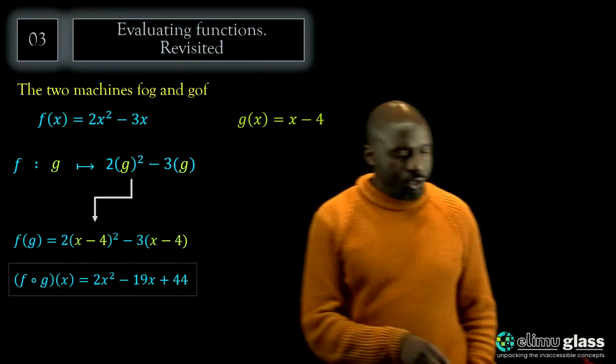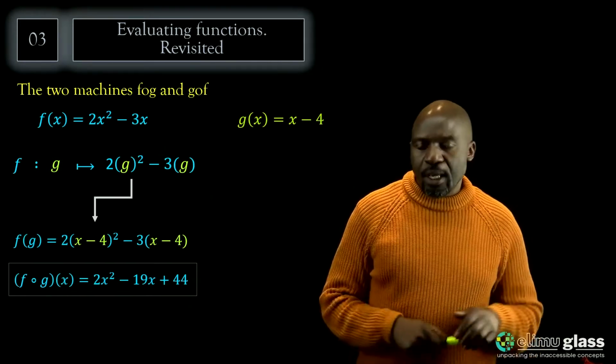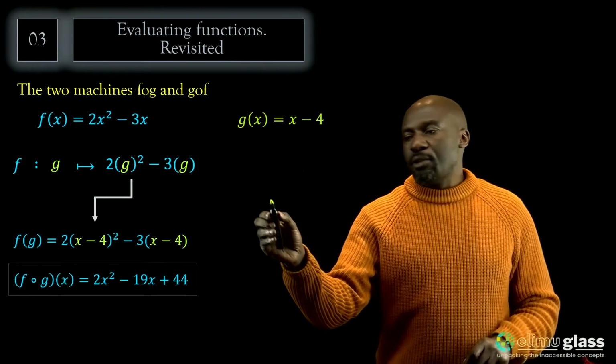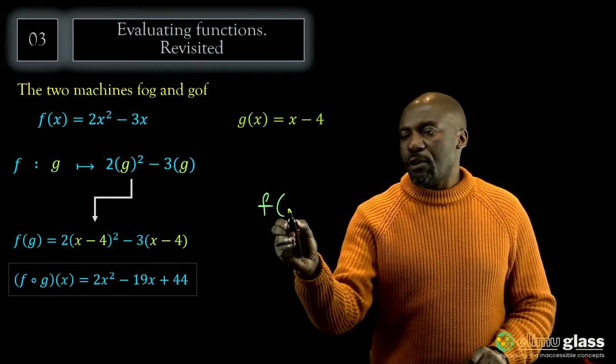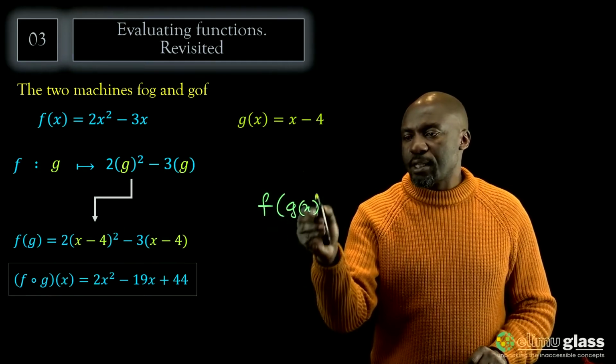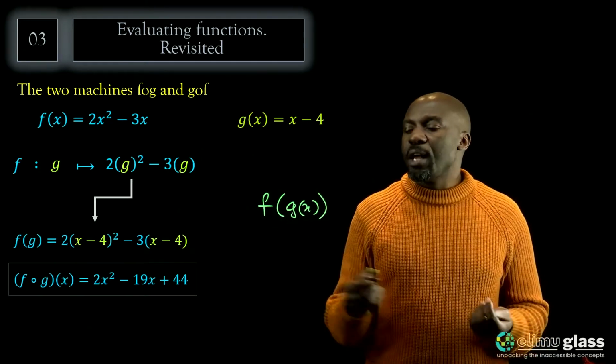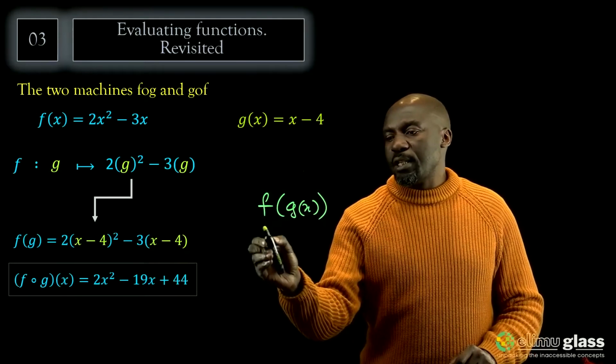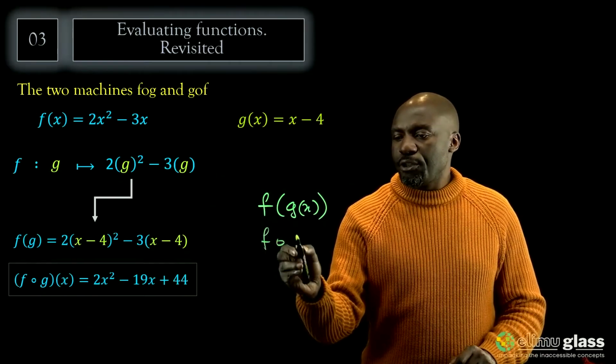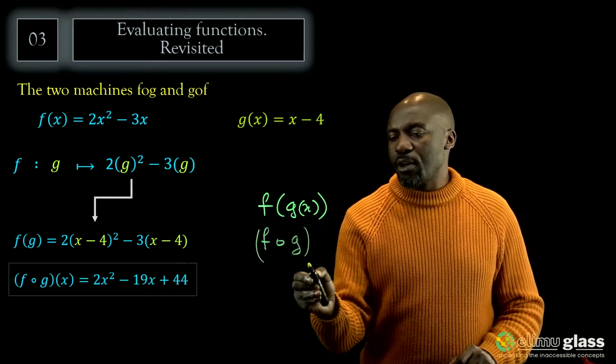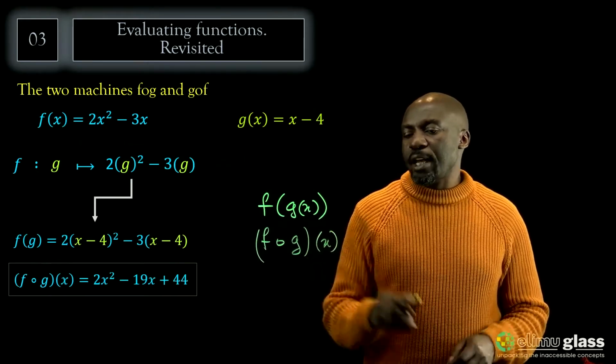And we write f of g is this. Now, in the GCSE A level, they use the symbol f of g of x, which is what I really prefer. But the IB prefers to write this as f of g, in bracket, of x, with x put separately.